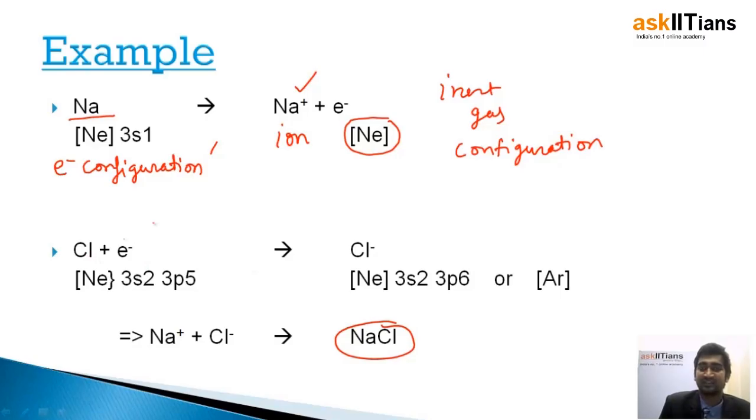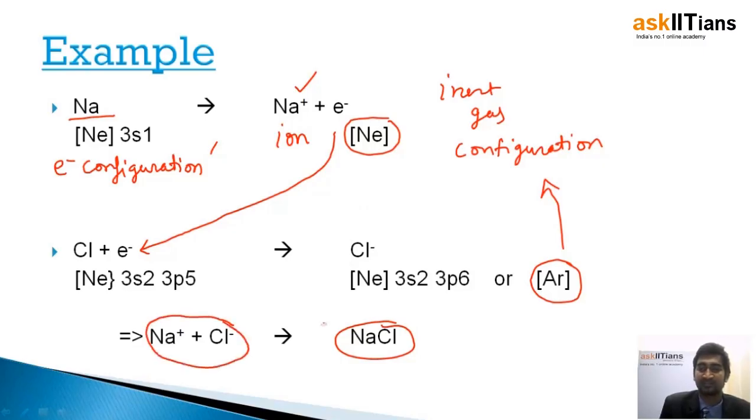If you see Cl, this electron which sodium has donated is accepted by the Cl atom to complete its octet, the configuration of argon, which is again an inert gas. In this way Na+ and Cl- combine and form NaCl. This type of bonding is called ionic bonding.